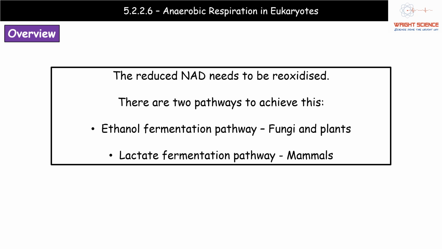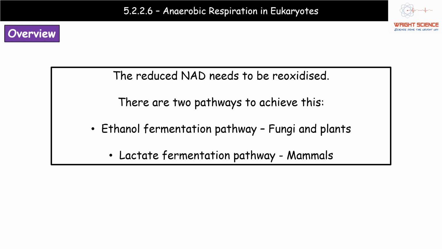When we think about what happens in glycolysis, hopefully we remember that we're producing reduced NAD. Now, in order for glycolysis to continue, we need, obviously, oxidized NAD. We need the NAD that can become reduced. So we've got two options available as to how to achieve this, and the option depends on what organism we're talking about.